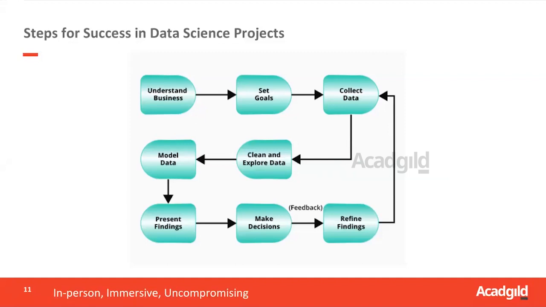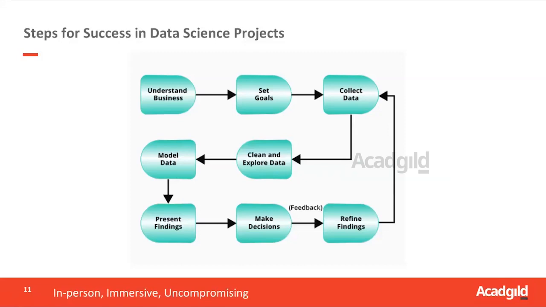Which models can help me answer the goals that I have set in step number 2? So you find a model, and once you model the data, you try to find decision points. My model tells us something is predicted. Now what should I do? The model tells us this is something which needs to happen, this is something which is classified.